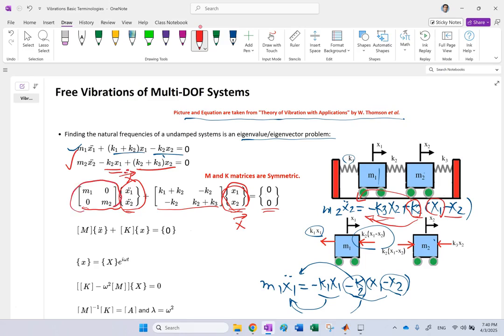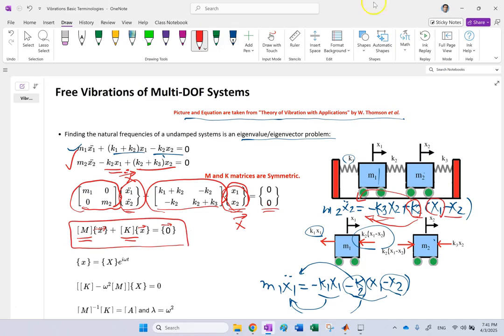Then this matrix here we can call the mass matrix, and this matrix here is called the stiffness matrix. So it becomes M x double dot plus K x equals 0. Again, this x double dot here is a vector, and this x is a vector, and this 0 is a vector, two zeros. So you can write your governing equation into the matrix format.